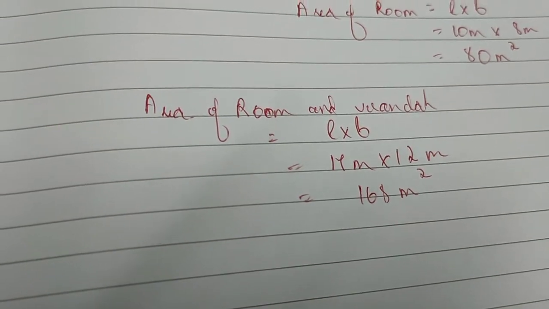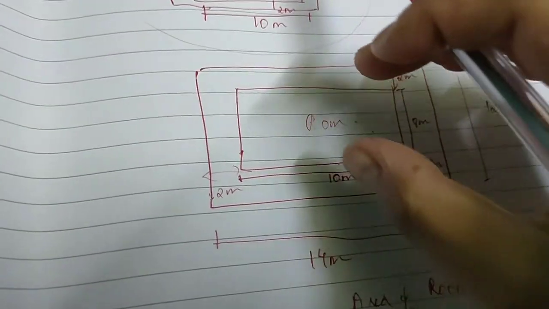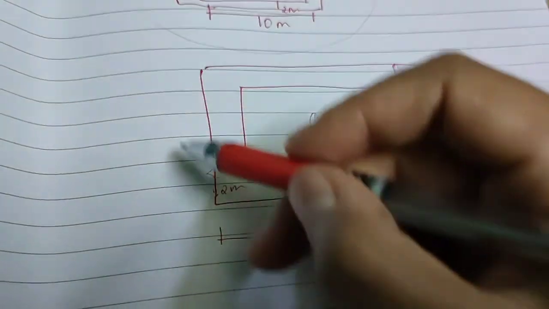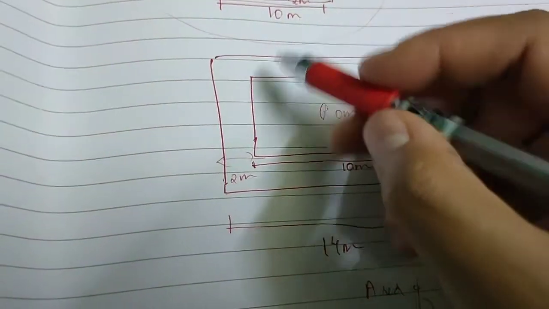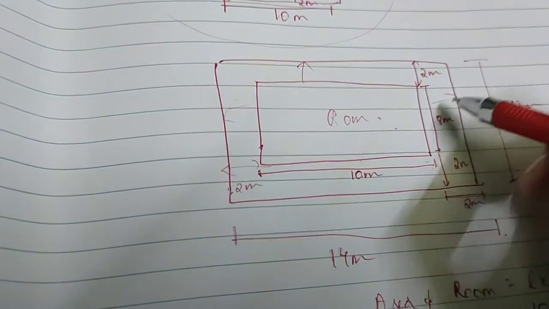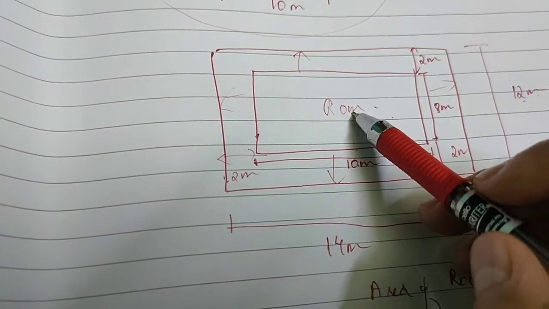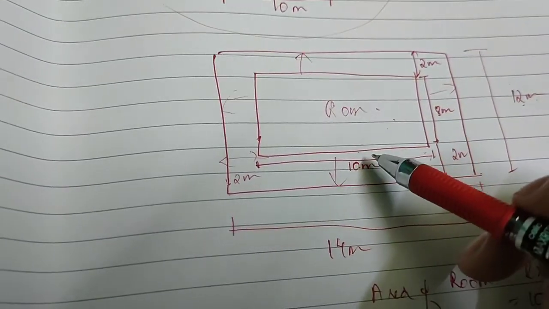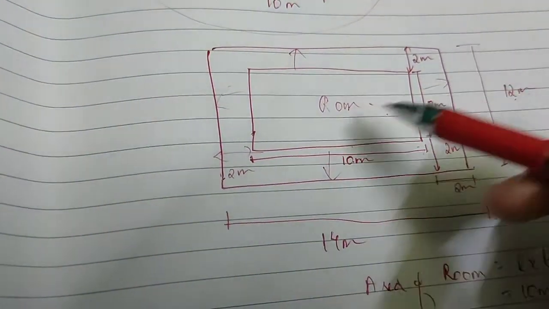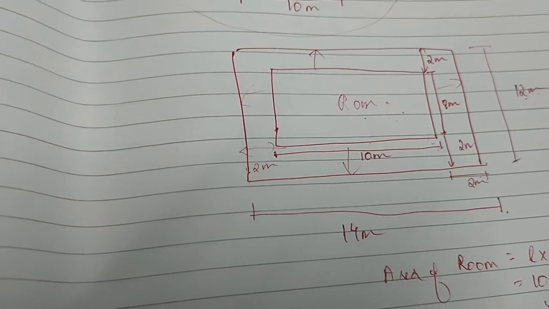Now what we need to find is only the veranda. That means we have found the area of this and the whole area of this, but I need to find only this area, only the veranda area. So the area of veranda will be the whole area minus the area of the room.